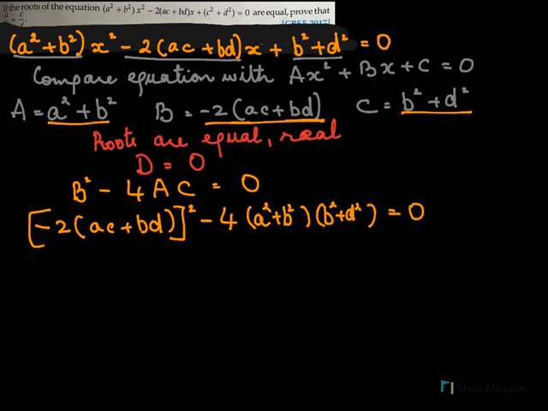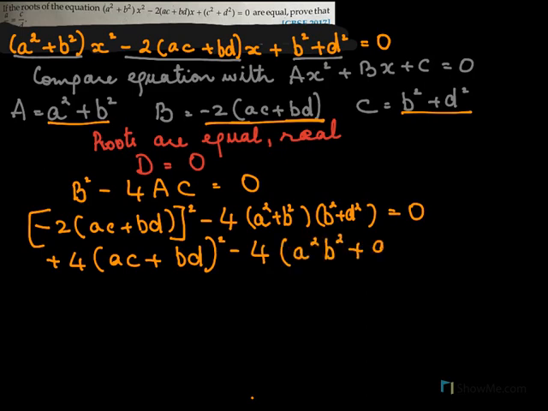Now we need to solve this. Minus 2 the whole square, minus 2 into minus 2 is plus 4, and this is ac plus bd the whole square minus, let's open this bracket, a square into c square plus d square. Here is a mistake at this point, this should be c square.